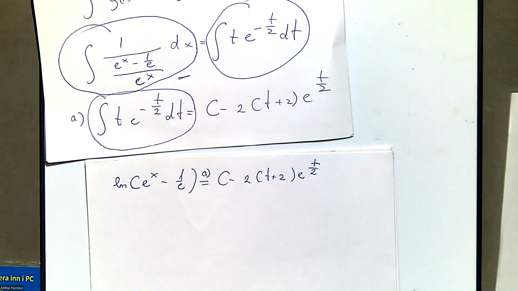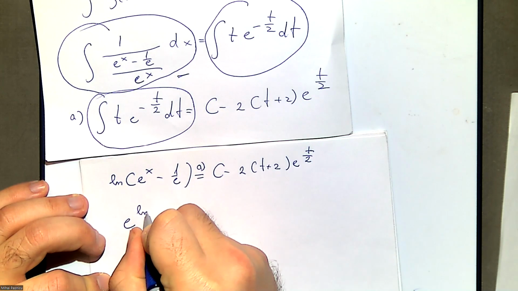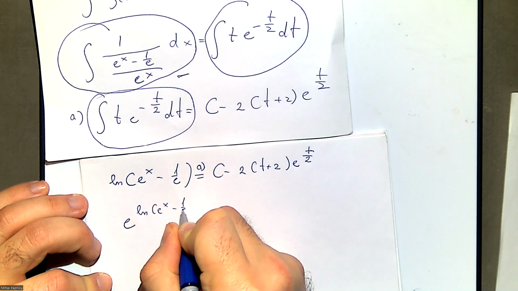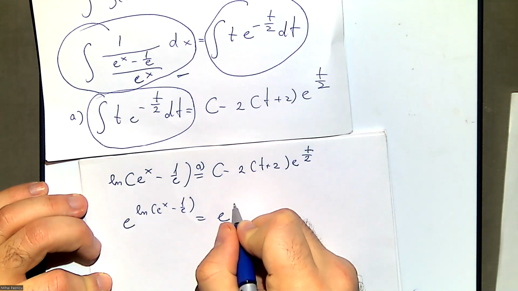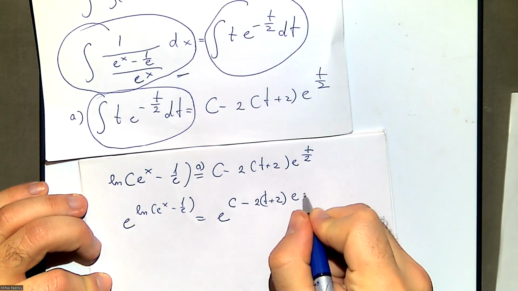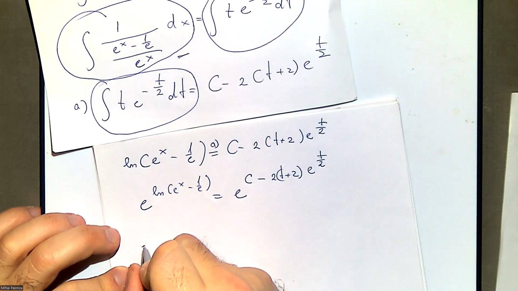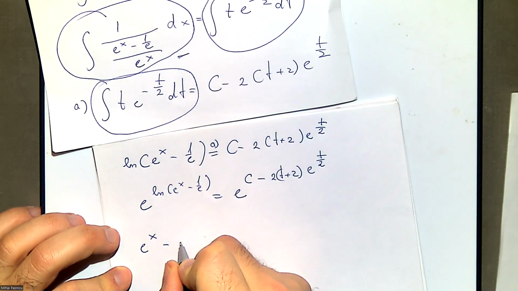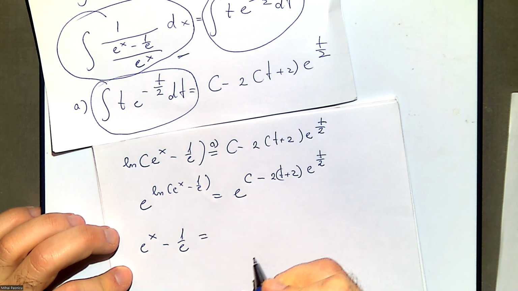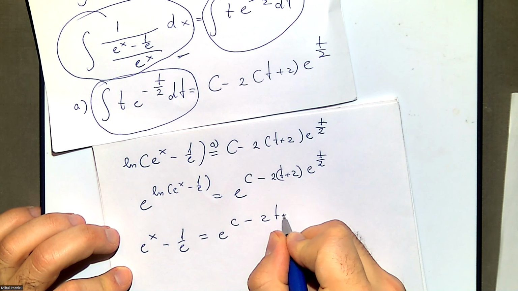And now, unfortunately for all of us, we gotta raise the power of e. So I get e to the ln of (e^x minus 1/e), equal to e to the (c minus 2t plus 2et)/2. So I just get e^x minus 1/e equal to e to the ugly thing.